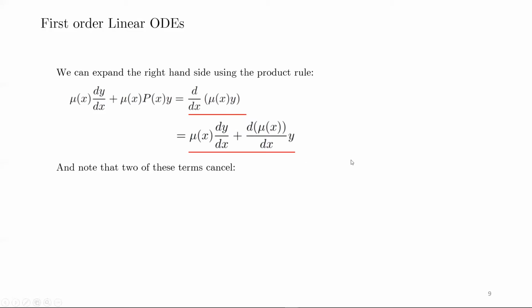We can immediately see that some of these terms on the left and right hand sides are going to cancel. We have a mu dy dx on both sides, so we can subtract that term from both sides. I also have a multiplying factor y, which I can divide through by and cancel out. I get left with mu times p equals d mu by dx.